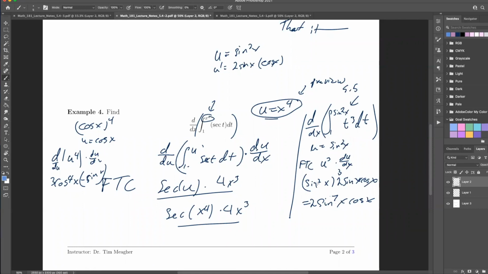Here, whatever this funniness is, I'm going to say that's u. And then the fundamental theorem of calculus says if I take a derivative of this, it's just going to be u of that, right? But u is sine squared, so it's sine squared x, and then I'm going to raise it to the third power.